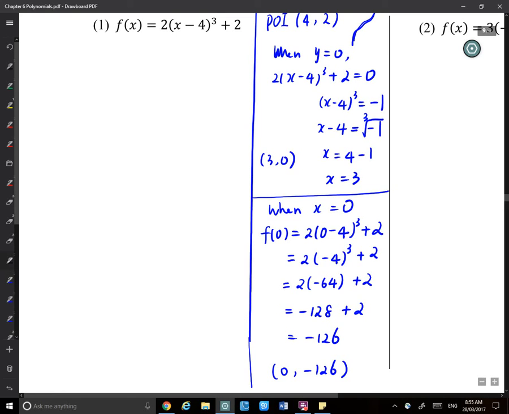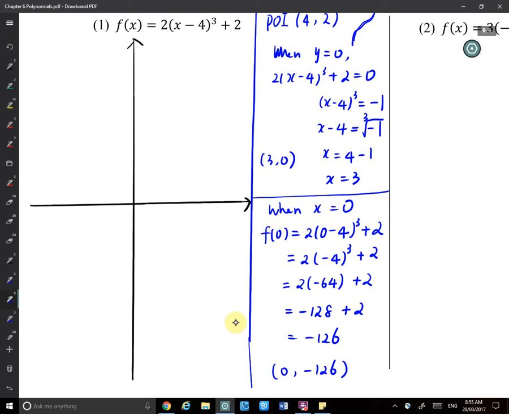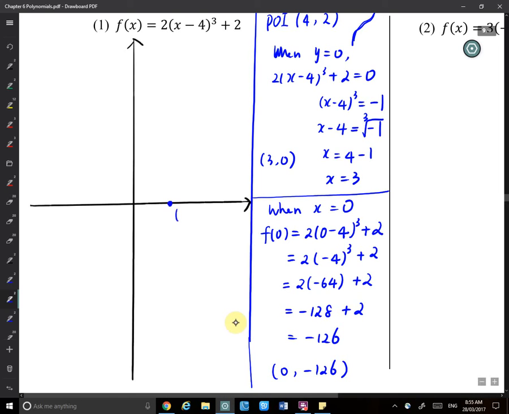Then let's sketch. I know all the information now, so I can sketch the graph. First you have (3, 0). And you have the point of inflection at (4, 2), here.